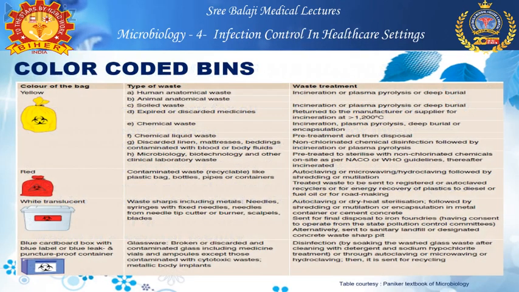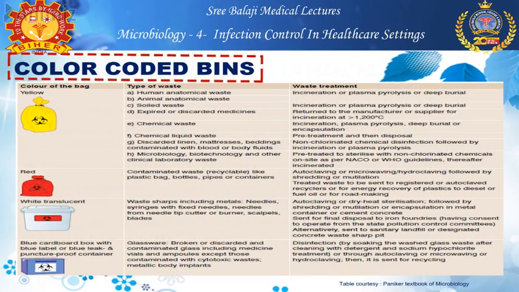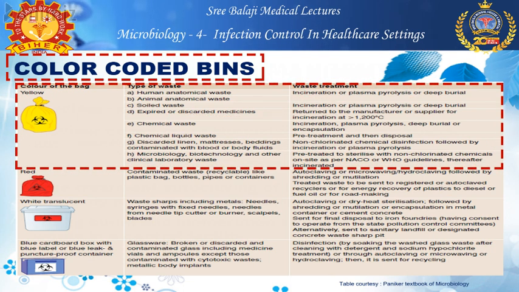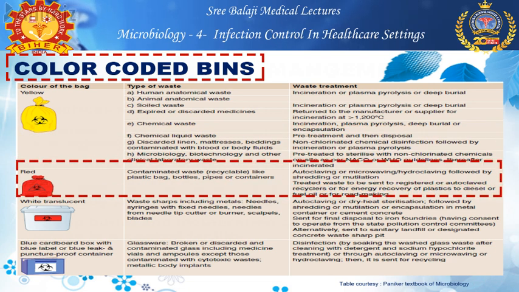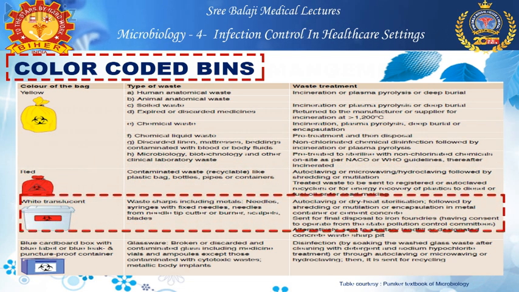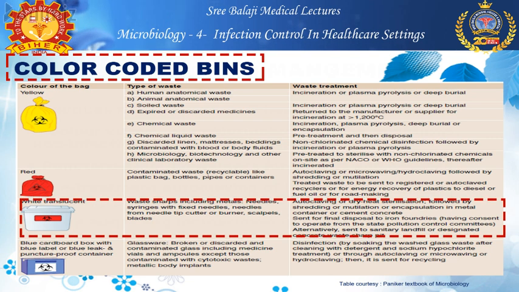So as I told, they have given a color coding for each type of waste material. Usually infectious non-plastic waste will go under the yellow bin, and infectious plastic waste will go under the red bin. This white translucent bin is mainly for needles.